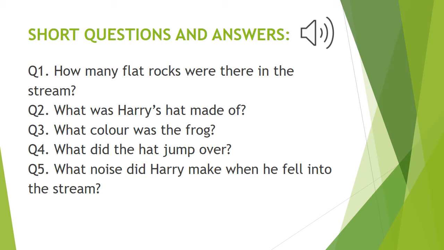Now you have to write the color of the frog in a single word. You can find the answer to question number 3 on page 13. Question number 4. What did Harry jump over? You have to write the thing over which Harry had jumped.